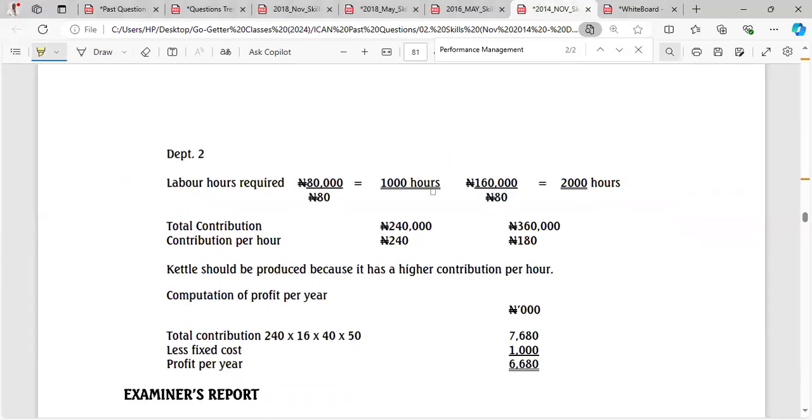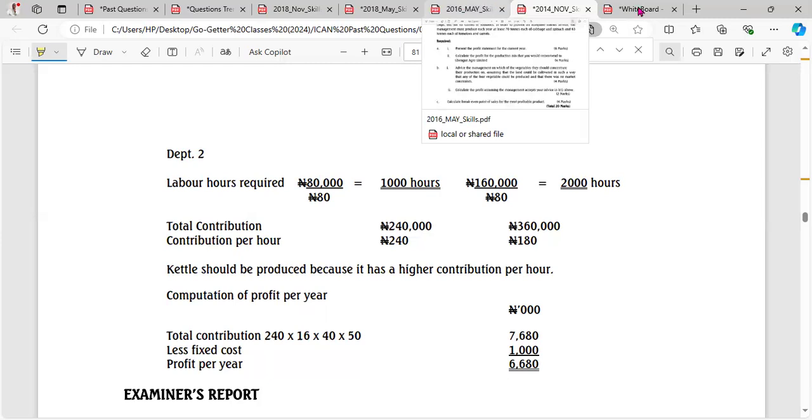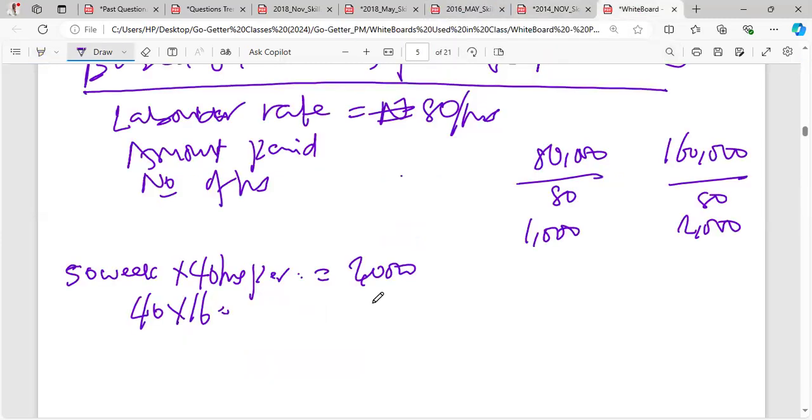Okay, 1,000, 2,000. Oh, total contribution. Okay, I get it now.